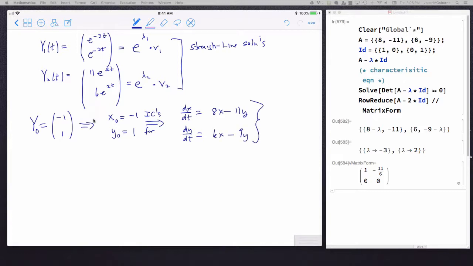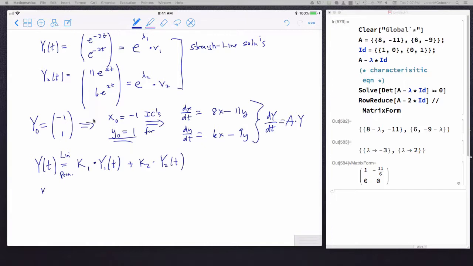This is essentially just a long way of saying that dY/dt was the matrix A times Y. So now we have these initial conditions, and we want to find our solution Y of t, and we know by the linearity principle that it's going to be some constant times our y1 straight line solution plus some other constant times our y2 solution.